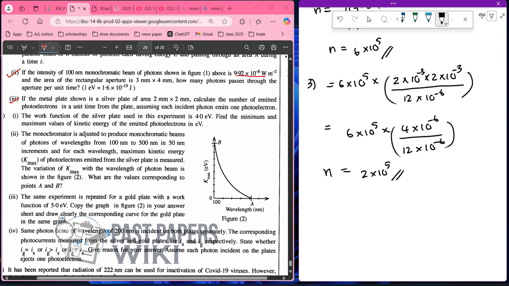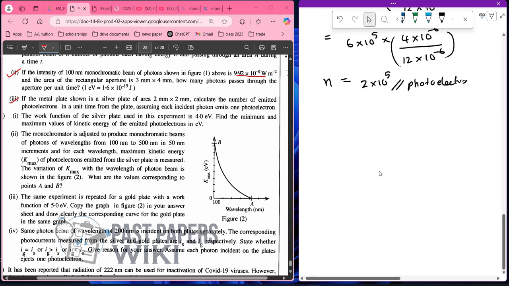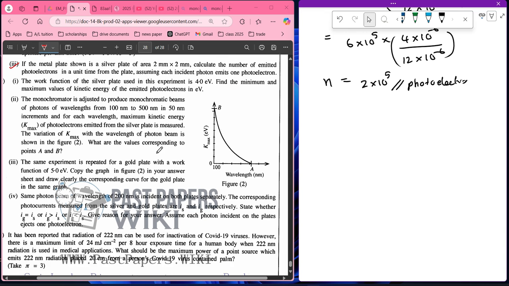Since one photon emits one photoelectron, n photons release 2 into 10 to the power 5 photoelectrons, as mentioned in the passage. So that question is also done.